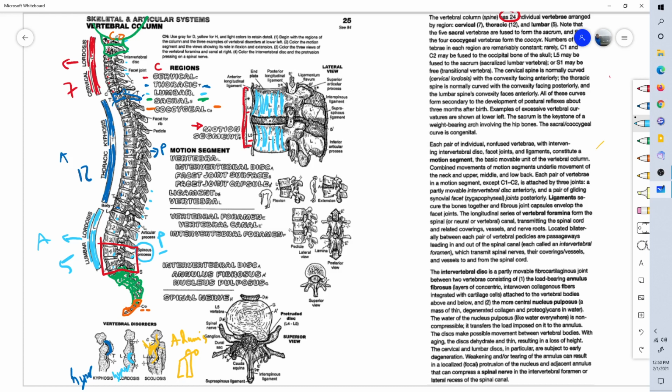And each bump and each ridge and each piece of connective tissue here has a name. So let's start with the intervertebral disc. First of all, the vertebra is red. The intervertebral disc is as it sounds. Inter means between, so between the vertebrae. It's a disc.